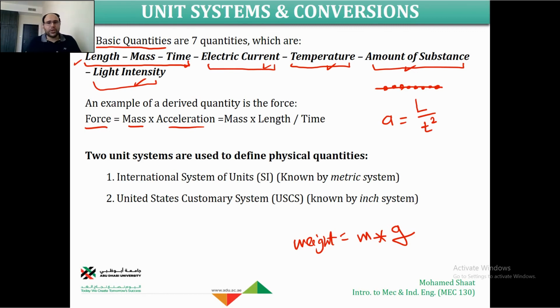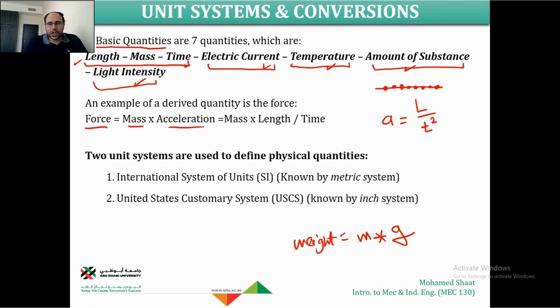Through this course, since we are not going deeply into these different quantities, we're just going to focus on length, mass, and time. Make sense? The other quantities that can be formed by combining two or three of these physical quantities are known as derived quantities, like force, for example, like the acceleration. Make sense?